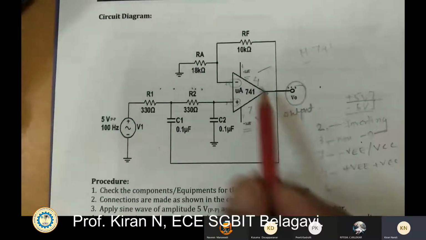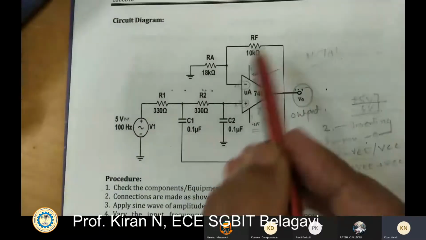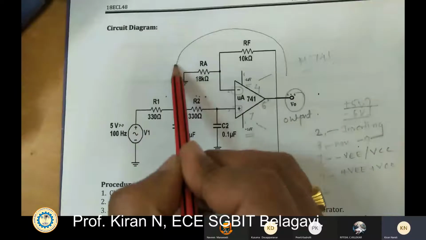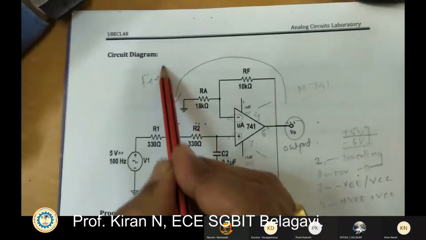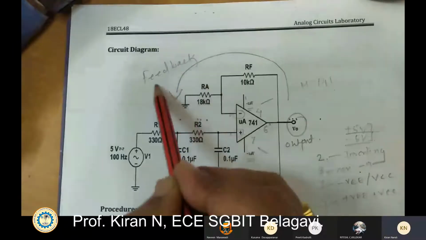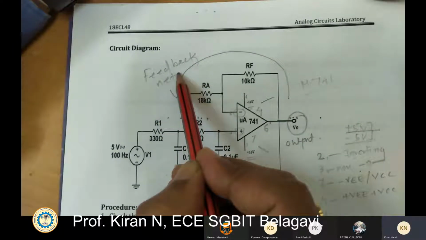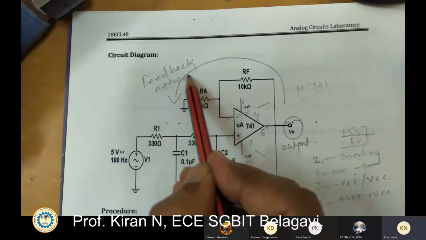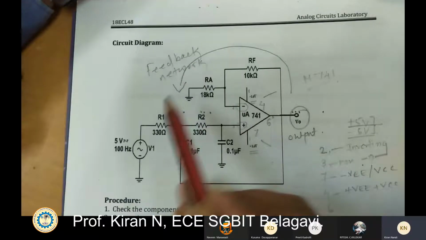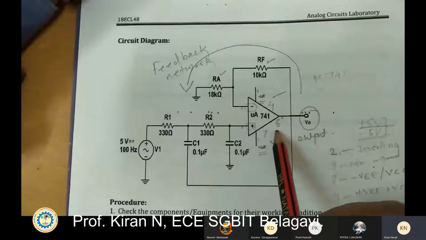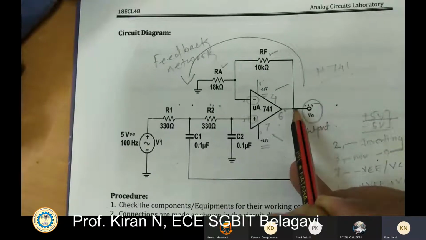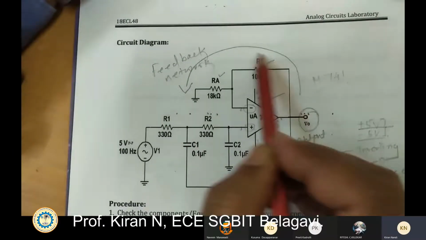This is the circuit diagram, and this part drawn here is nothing but a feedback network. RF and RA are the feedback elements connected with the op-amp, where a part of the output is fed back to the input again.